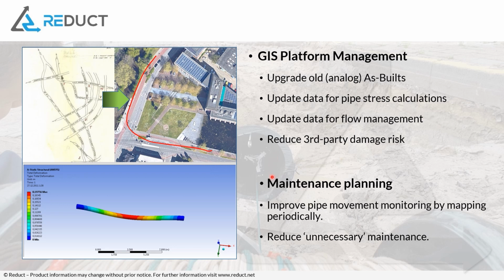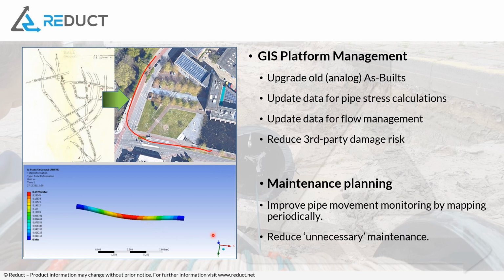The last one is maintenance planning. There are a lot of static maintenance programs whereby utilities say, okay, we will maintain a certain segment of pipe after X years of operation. We will do this, that, and the other.